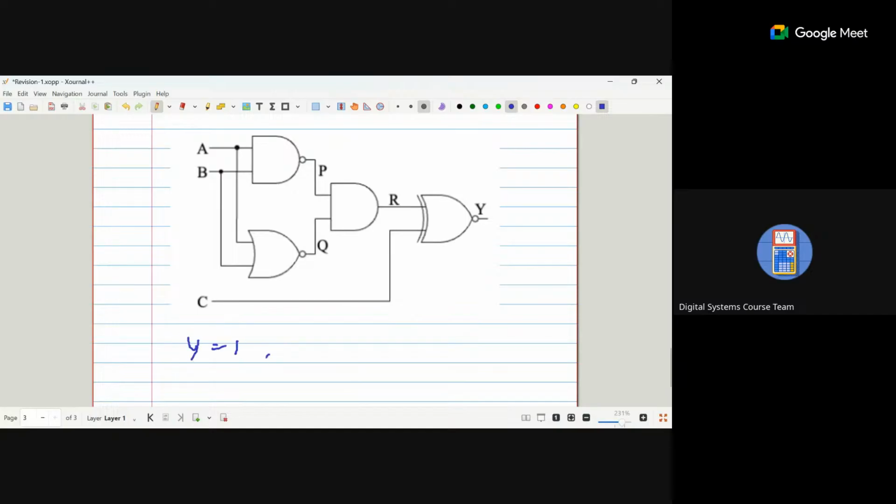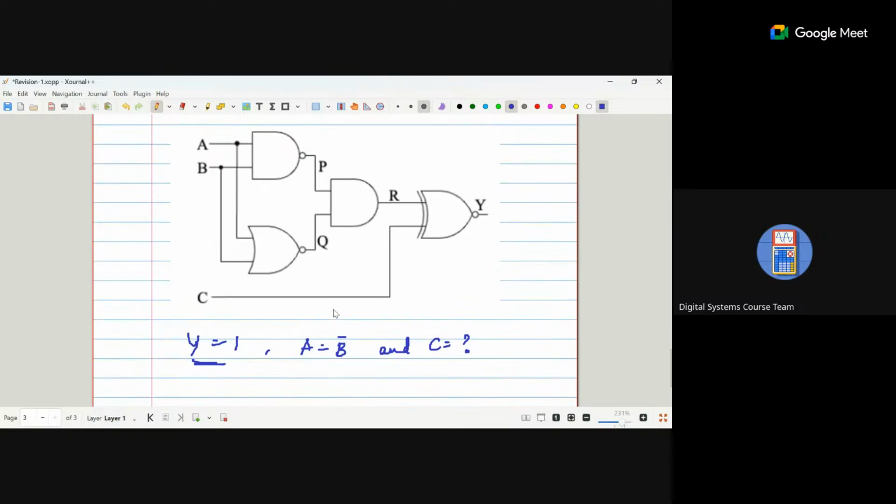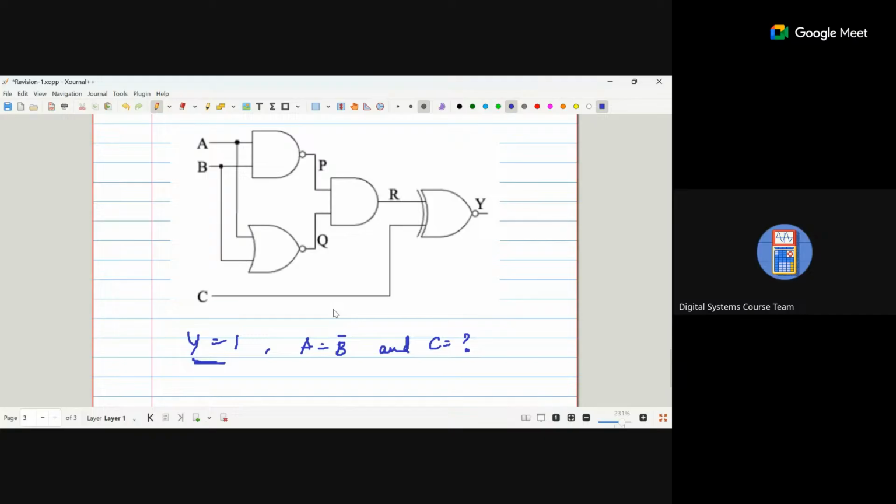And what will be the c value? When a is equal to b dash and c is equal to a certain binary number, then y will be equal to 1. So you have to find out what the input value of c should be to have y equal to 1. Can you solve this now? Yes, ma'am. Okay.